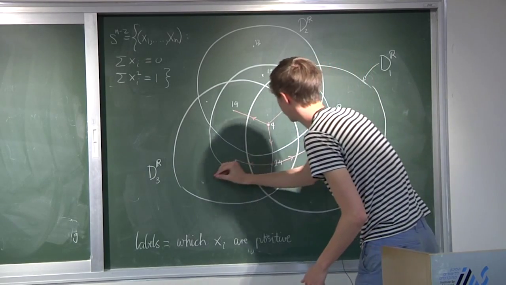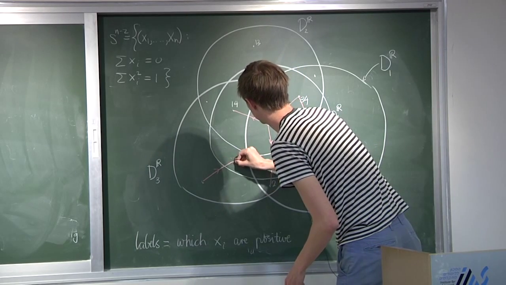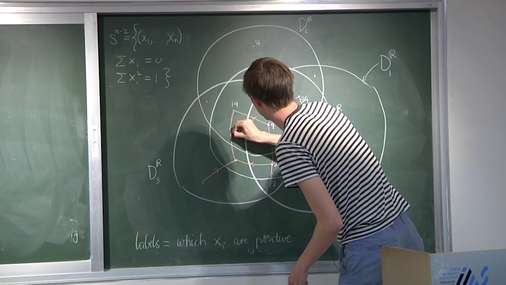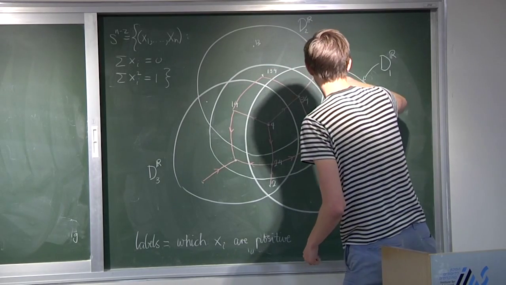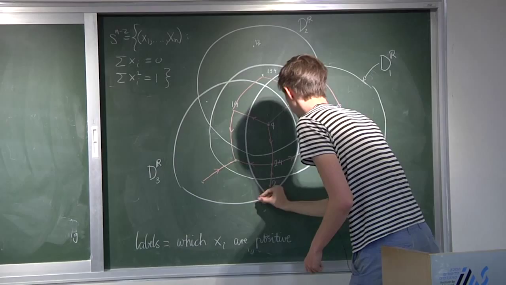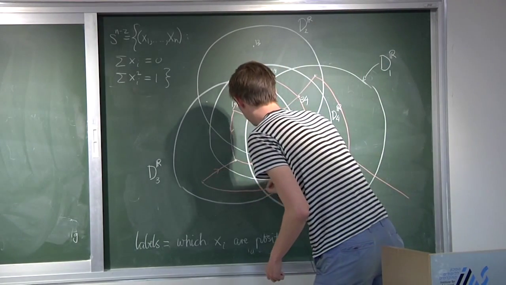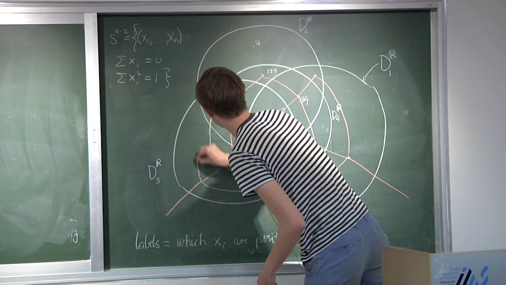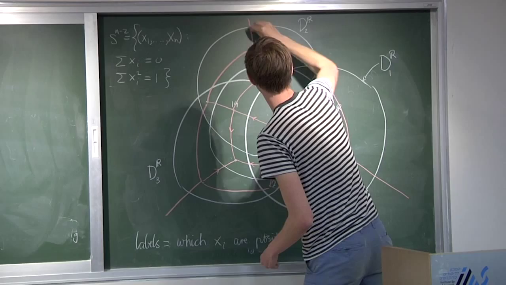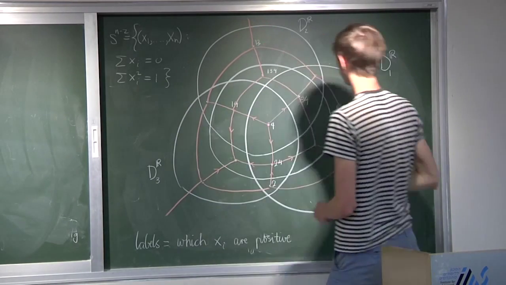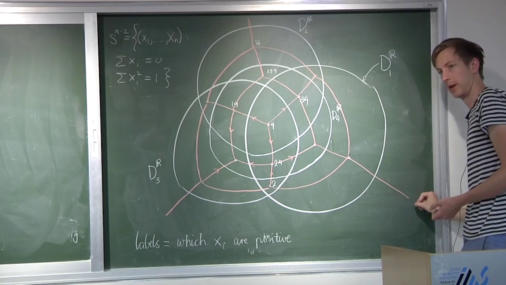And you can see what the Morse flow lines look like, etc. Sorry, I just want to have this picture available so I can draw things on it later. Okay. And there's this point at infinity out here.